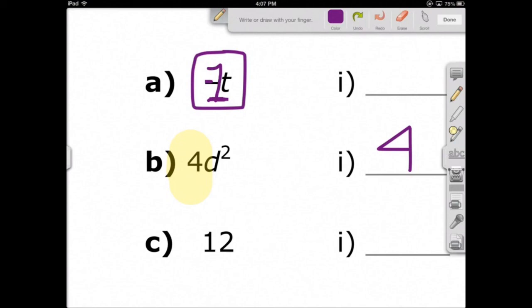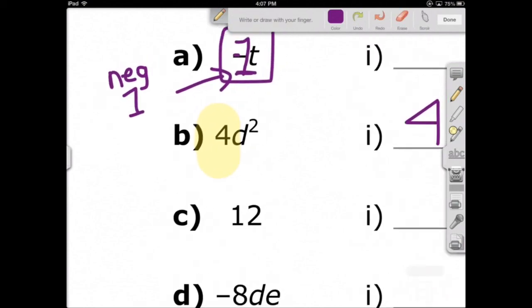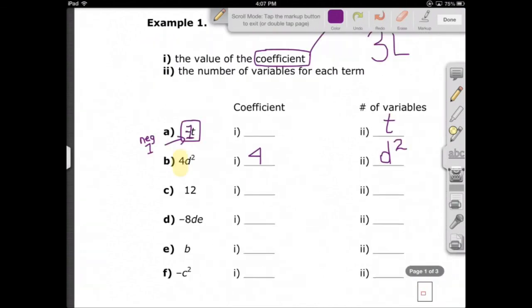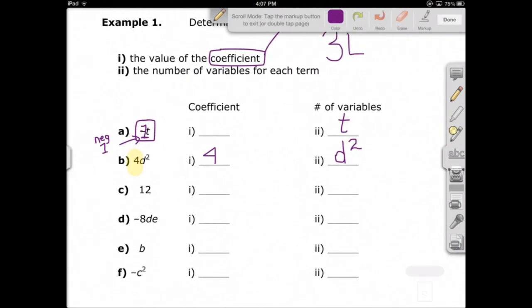The number out in front is a negative 1. So our coefficient needs to be written in there as a negative 1.